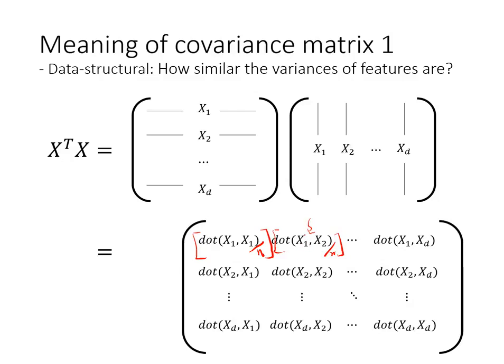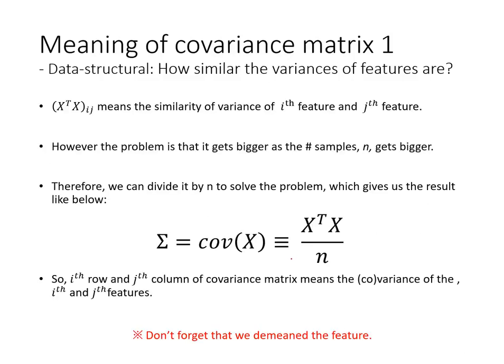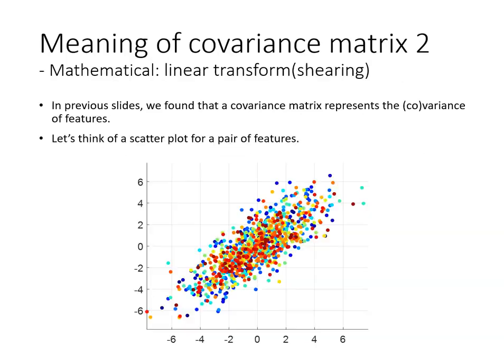So what it tells you is how similar the change of x1 and x2 are. So the ith row and jth column of the covariance matrix means the variance or the covariance of the ith and jth features. Okay? So that's it for the data structural meaning.